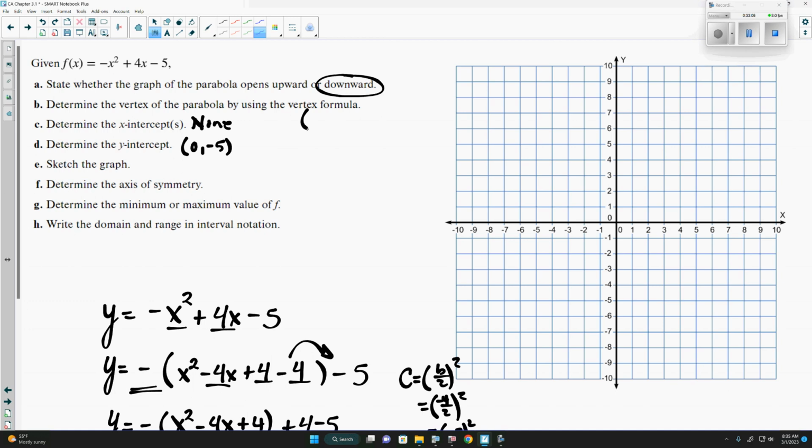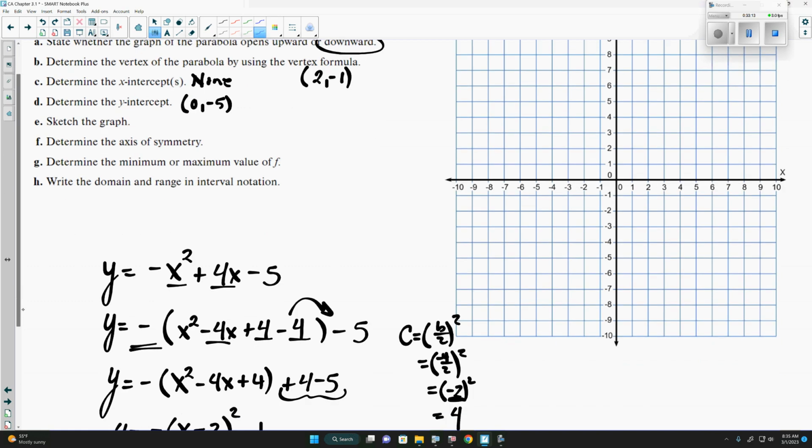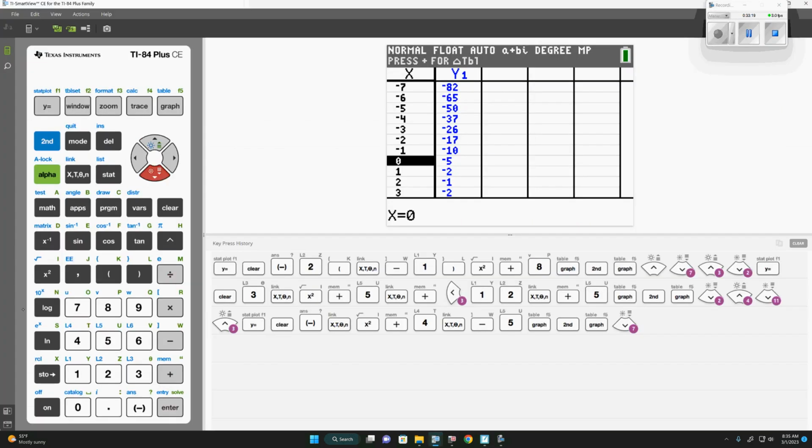Determine the vertex, 2, negative 1. Questions on this so far? But if we look back at the graphing calculator, I didn't put an emphasis on it, but 2, negative 1, if we look at the y values, they do mirror everything from this, yes? So we could have gotten that from there.